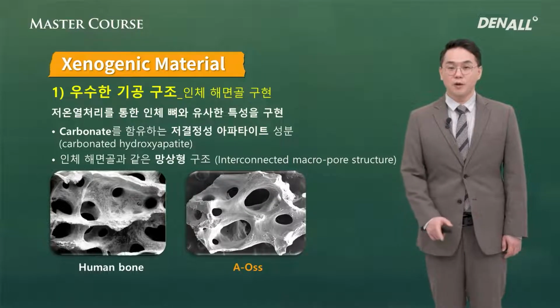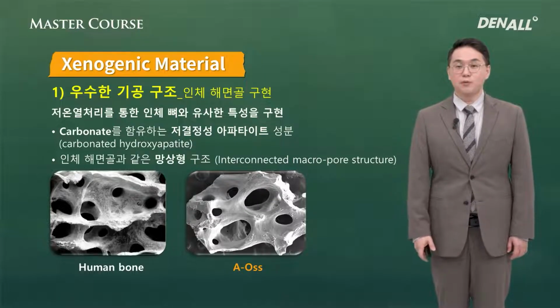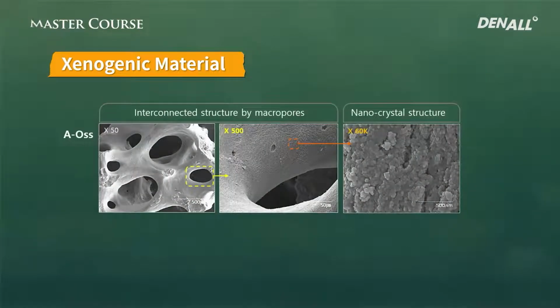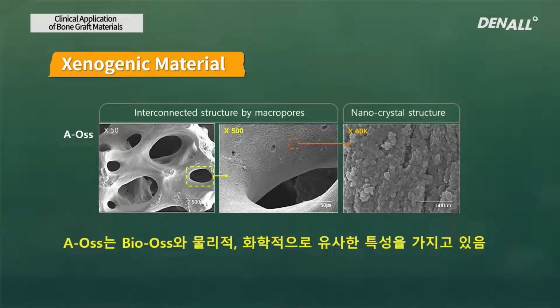As you can see, human bone is very similar to AOS in terms of the pore structure. Macropores on the surface and the macrostructures are very similar. So osteoblasts can get attached to it very easily. It is similar to human cancellous bone physically and chemically. The structural similarity is maintained due to the low temperature treatment.